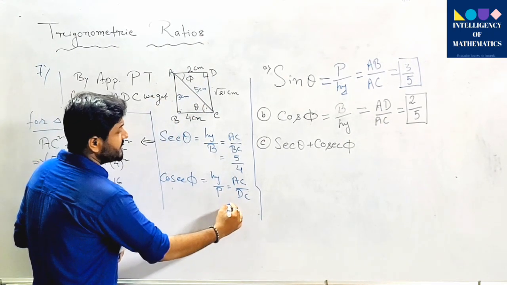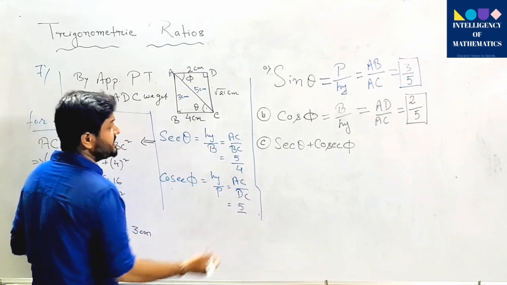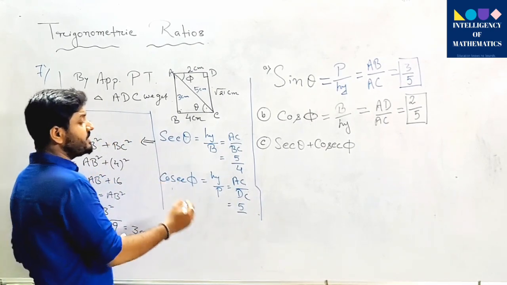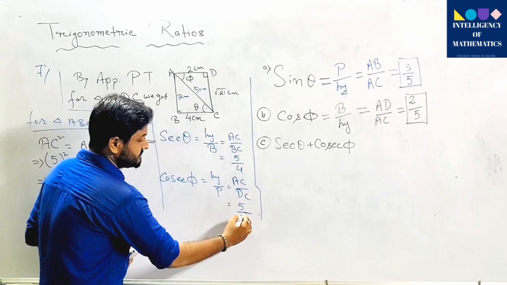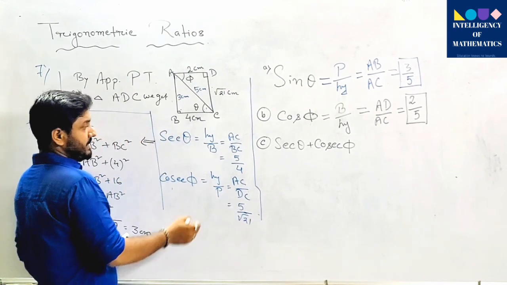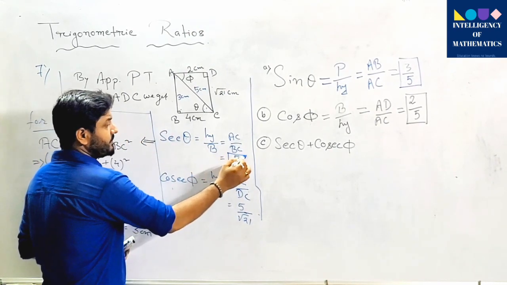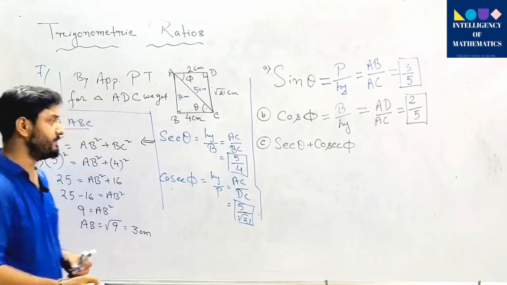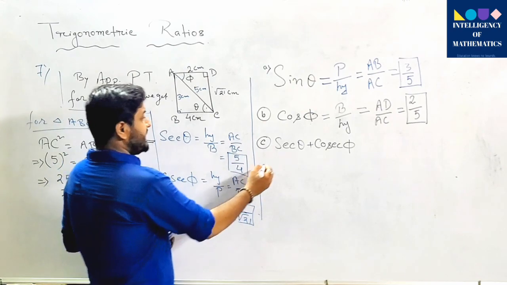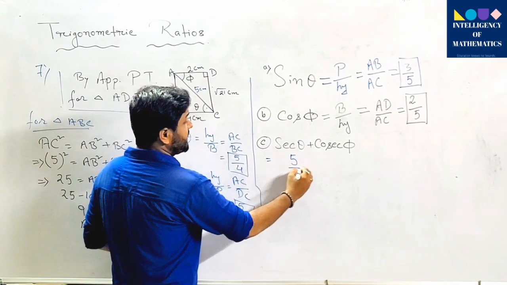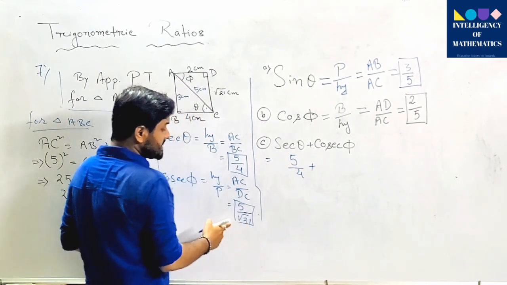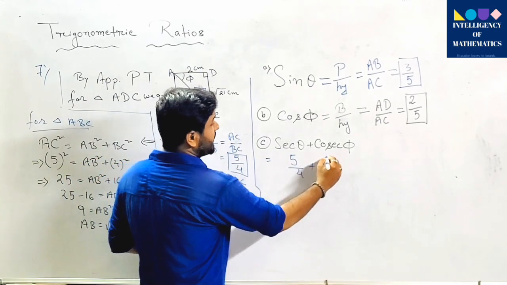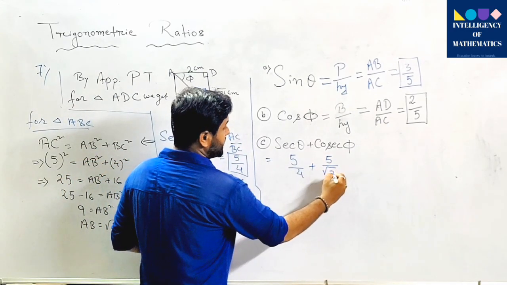AC's value is 5 and DC's value is given as root over 21. Now this value and that value have to be put in this equation. Sec theta's value we already got, 5 by 4. Cosec phi's value we already got, 5 by root over 21.